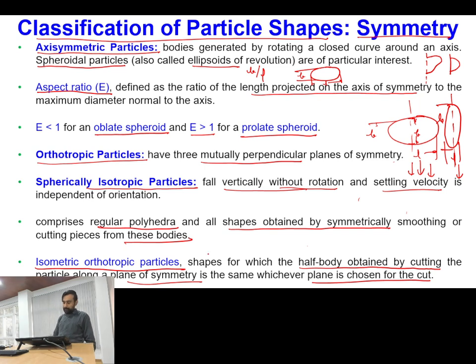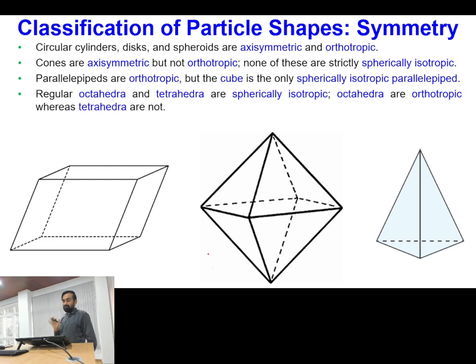So now let us try to see some examples of these shapes. If I have a circular cylinder, circular disc, or spheroids, then all these are nothing but axisymmetric, but these are not orthotropic, because for orthotropic, if I take any plane of symmetry, it should divide the body into two identical parts.